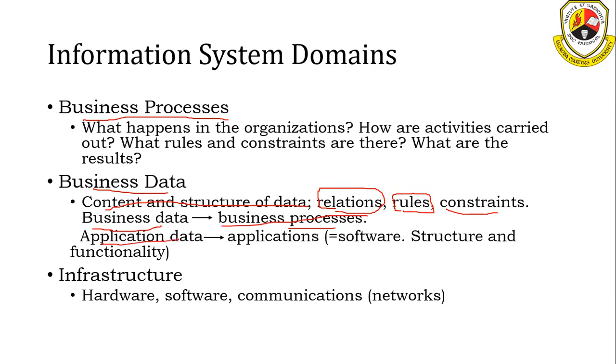Then we have the application data, which means what applications are going to support the data and business processes that we have identified. What are the applications that will support the business processes and data that we are talking about?